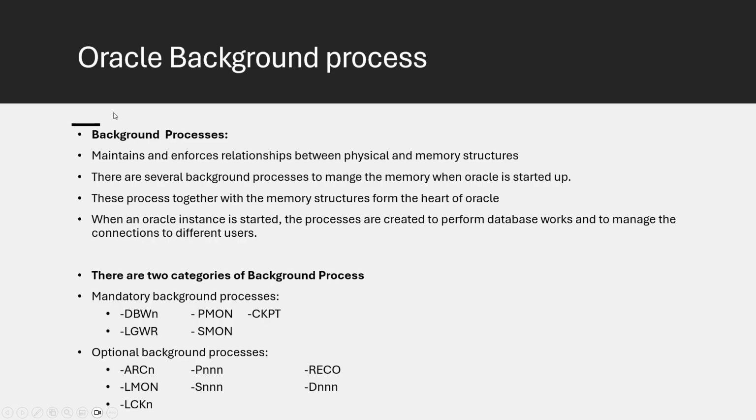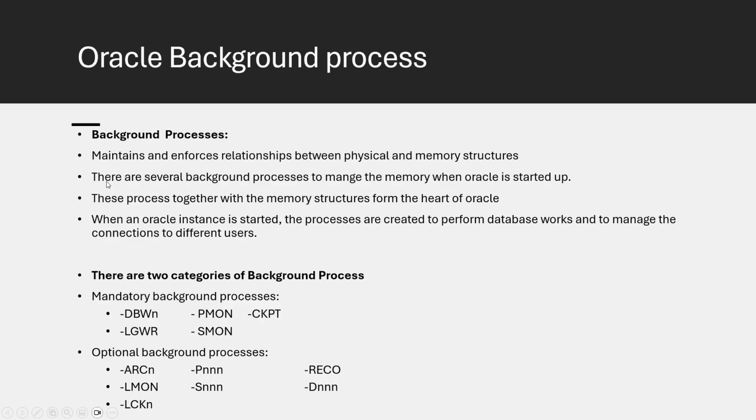Now let's talk about the background processes. We have different background processes, right? I have differentiated mandatory background processes and optional background processes also. So let's look at what background processes are. Background processes maintain and enforce the relationship between physical and memory structures.